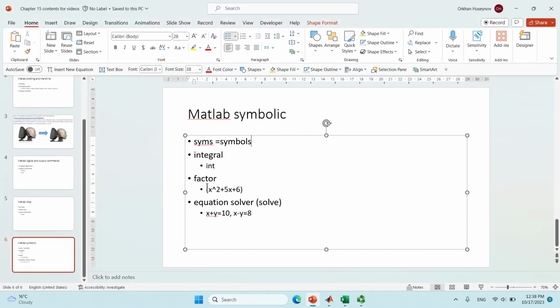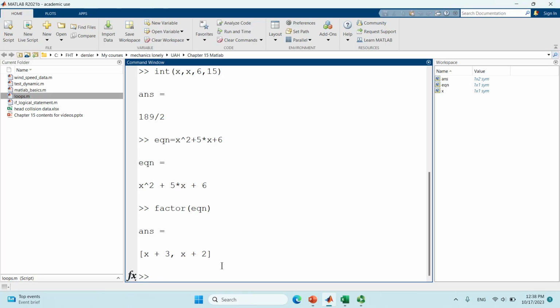And then the final thing is the equation solver. For the equation solver, we will just use the solve command. So we will see how the solve command works. I have two equations here, x plus y is 10, x minus y is 8.